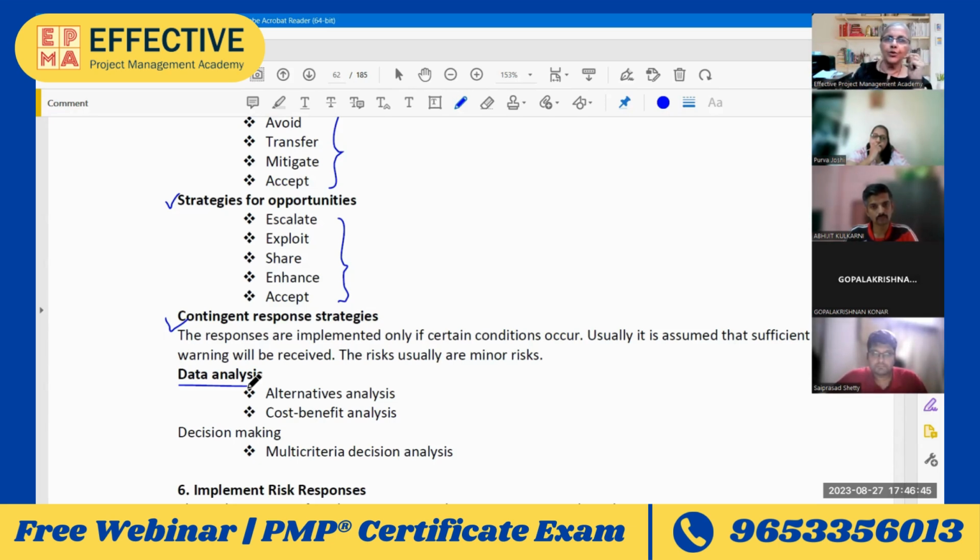Activity A has two resources. It's getting completed in 10 days. Can I add two more resources so that it will get completed in 6 days? If it gets completed in 6 days, my schedule risk is reduced and my budget doesn't get too much impacted. So that is the data analysis that I will use.